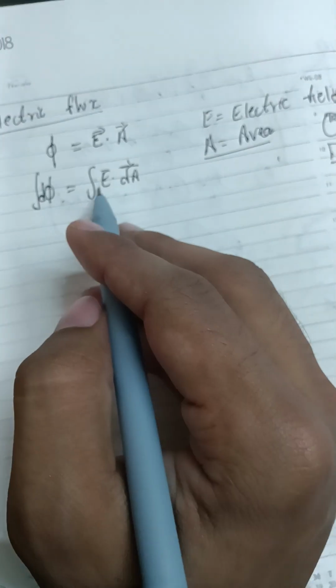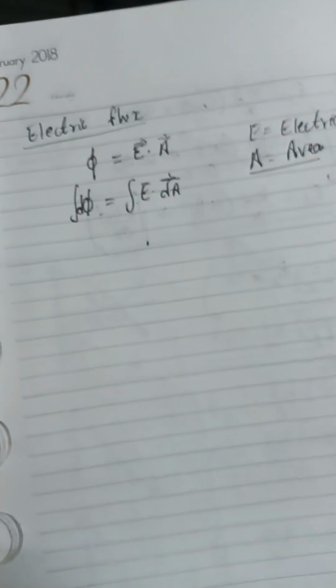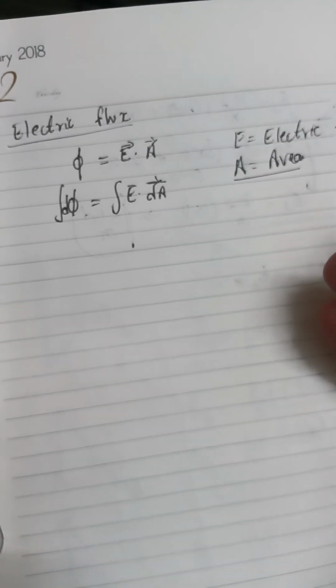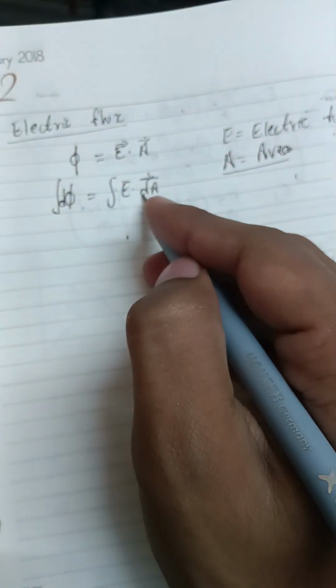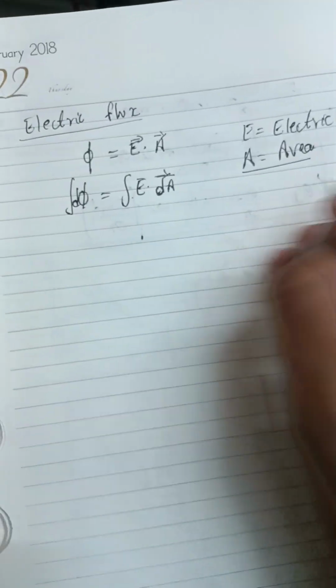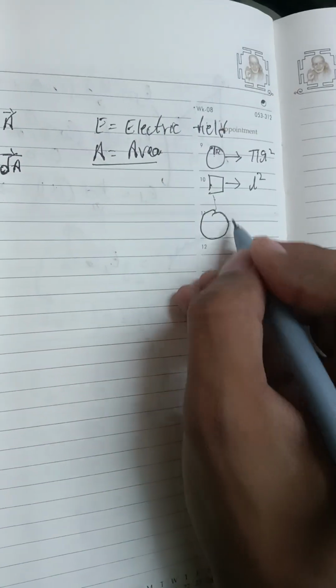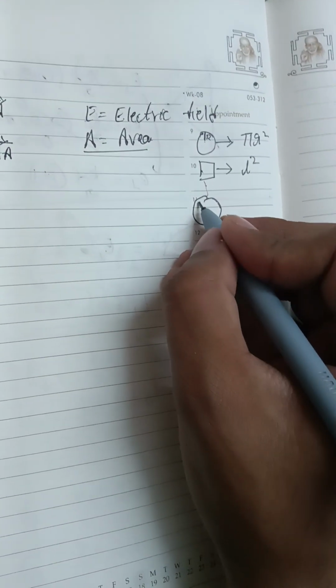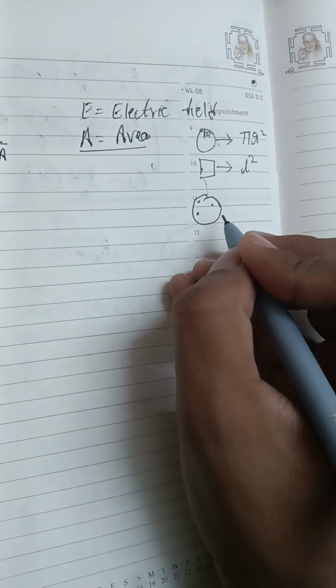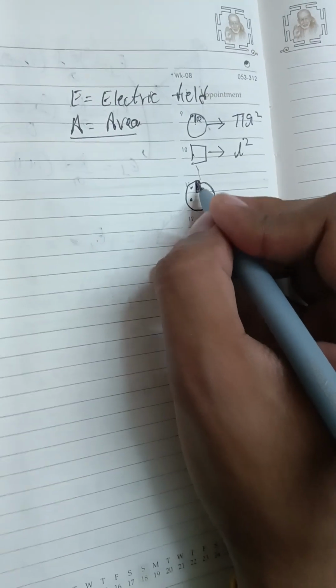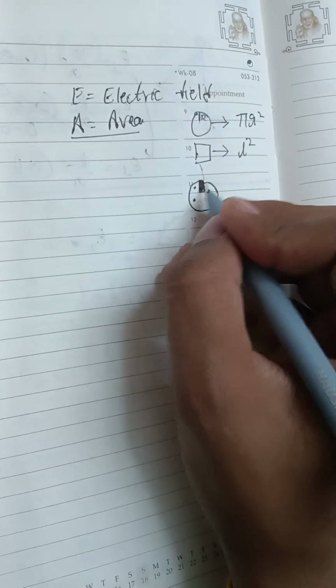Here I did not take E dot dE because the electric field will be equal everywhere. But this area vector, suppose this is a circle, the whole area is pi r square. Here also it is E, here also it is E, here also it is E. But if you take a small part, the electric field is E, but the area is not pi r square.